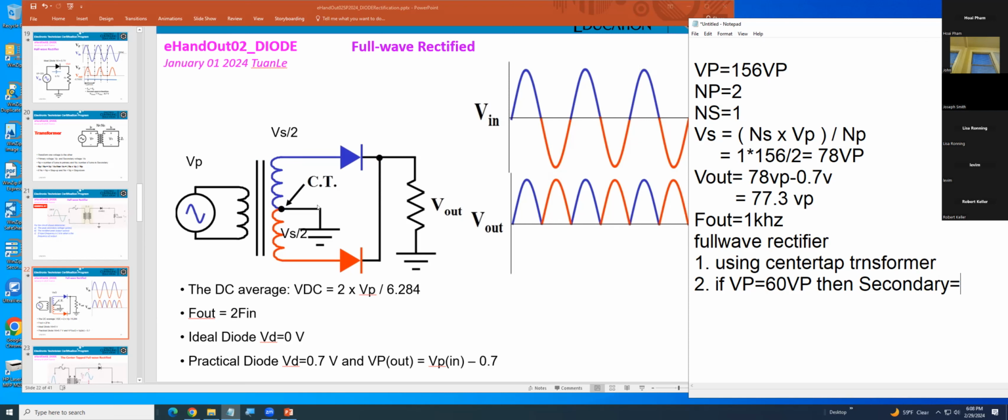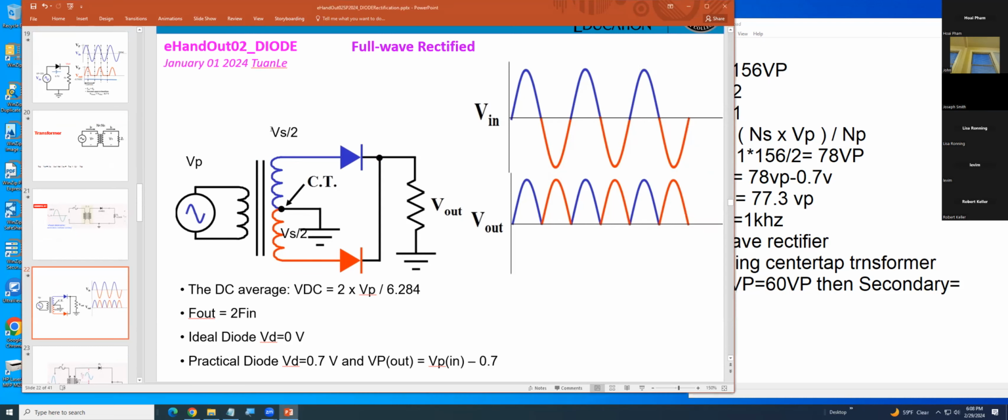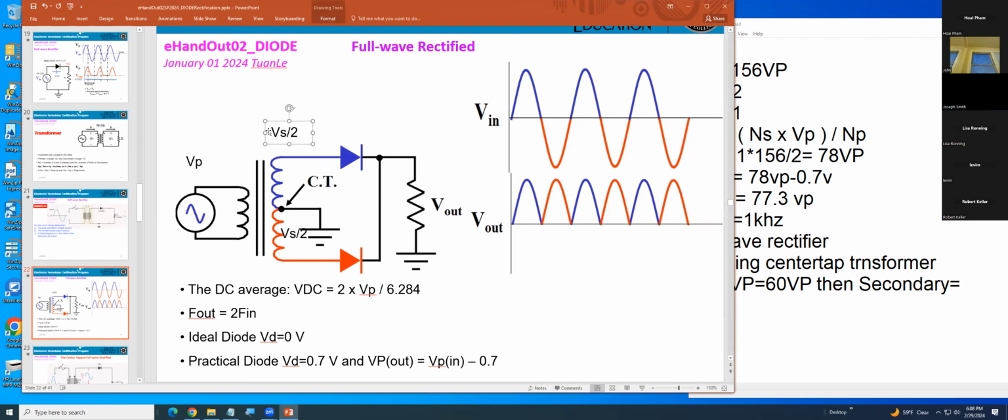However, in a secondary, they give you half on the top and half on the second, and they already gave it to you right here. V secondary divided by 2, okay?